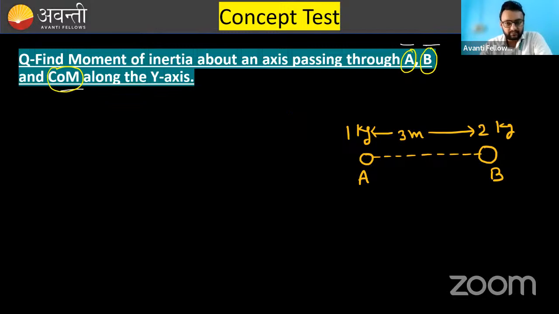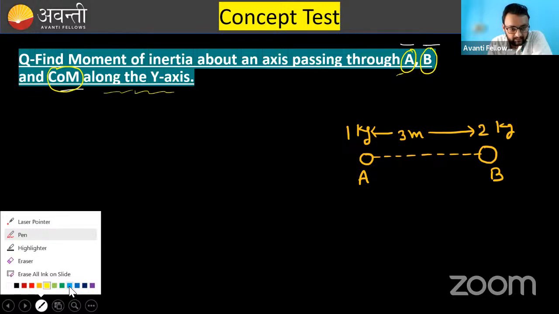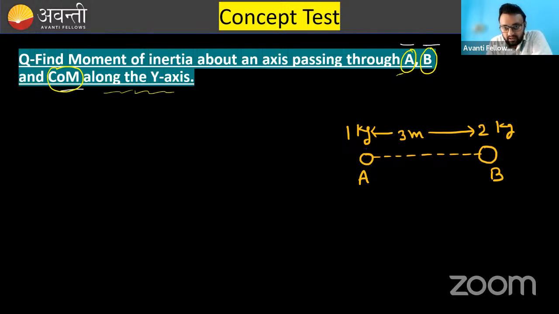So let's start. The first axis, they say, is passing through point A along the y-axis. So we will draw the axis here. Passing through A along the y-axis, can you say that this is going to be our axis? Can you imagine that this is the system that is given.